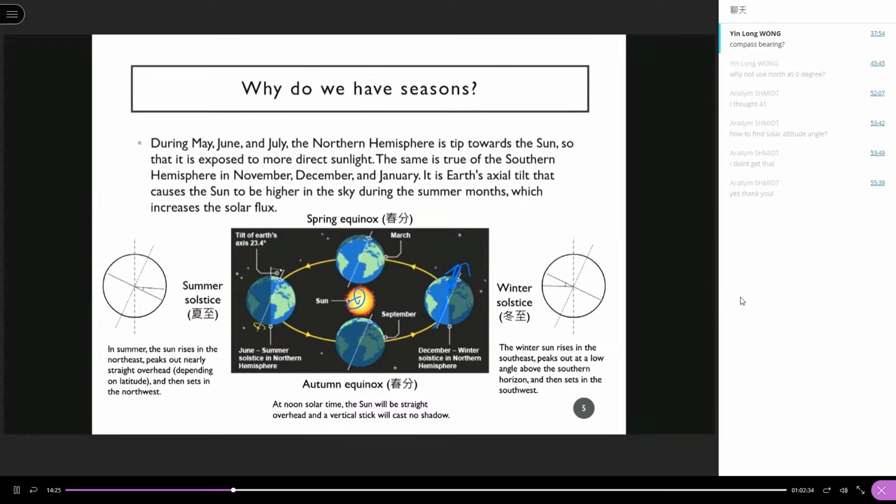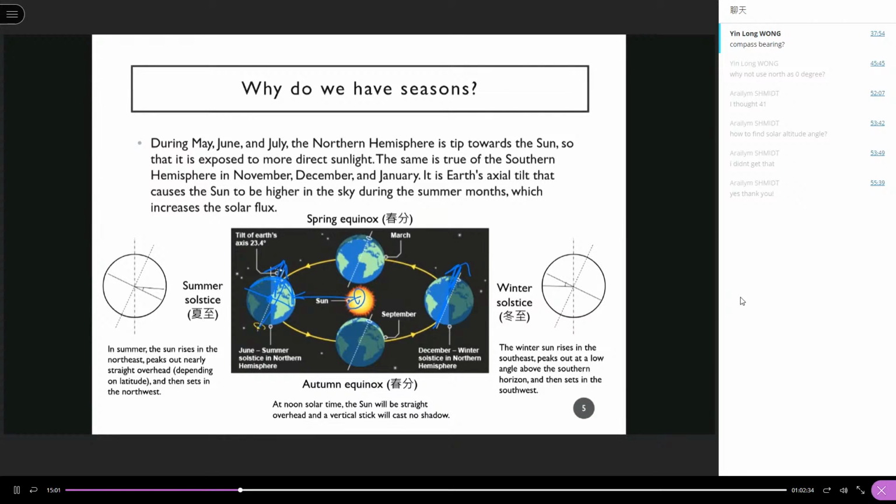Comparing to June, the North Pole is pointing towards the sun. So in June, the northern hemisphere will be more tilted to the sun, and the sunlight will be received by the northern hemisphere at a higher elevation angle, that is more from above our head.